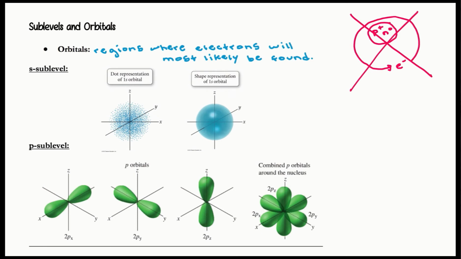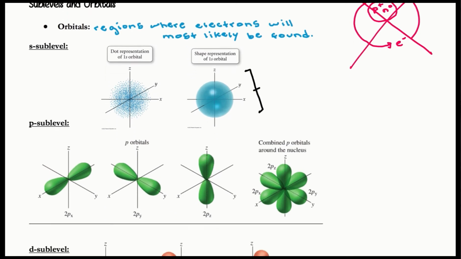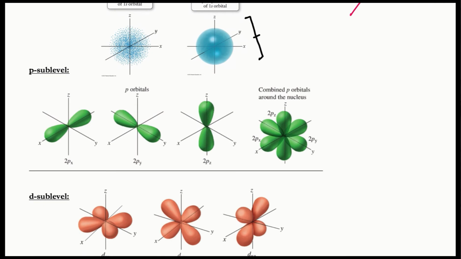Notice the s orbital here is a sphere. So if we designate electrons to this orbital, which I'll show you what that means in a second, what we're saying is there's a high chance that we'll find them within this region. If you notice the next regions, there are three of them.